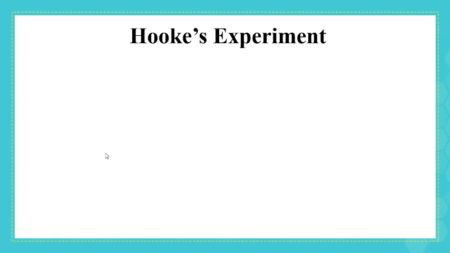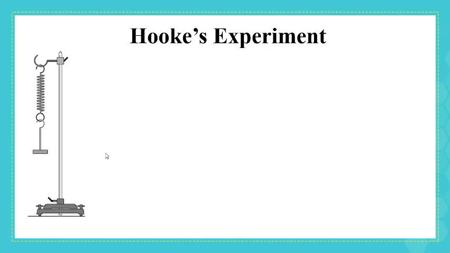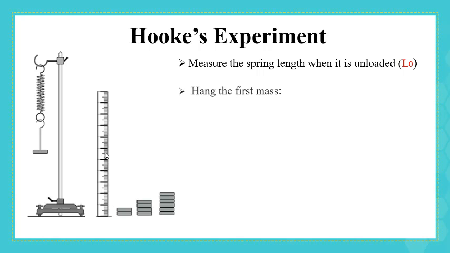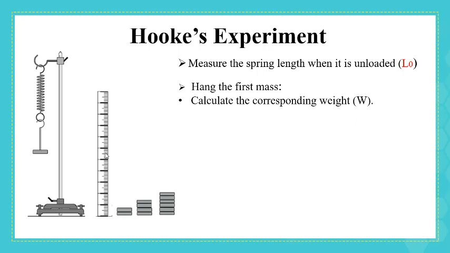Let us start with Hooke's experiment. Bring a spring hanged by a stand, a ruler to find the length of the spring, and different masses. Then follow these steps. Measure the spring length when it is unloaded, L0. Hang the first mass. Calculate the corresponding weight.